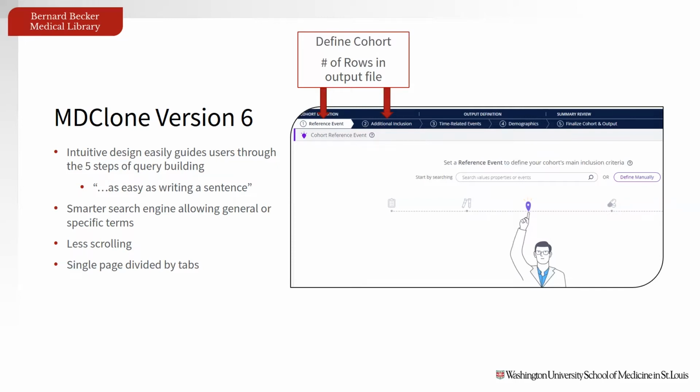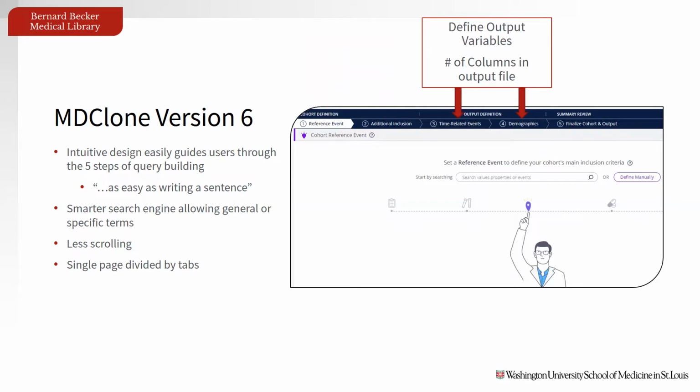And then the next two are when you're defining your output variables, or you can think of this as how you're defining your columns. So in the first two, you're saying, hey mdclone, here's all the people that I'm looking for, and then you're saying, hey mdclone, here's what I want to know about these people that I have found.